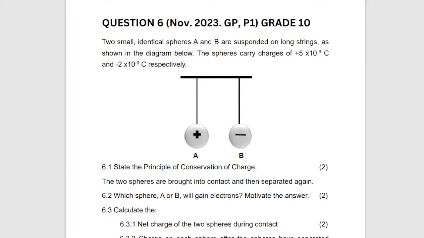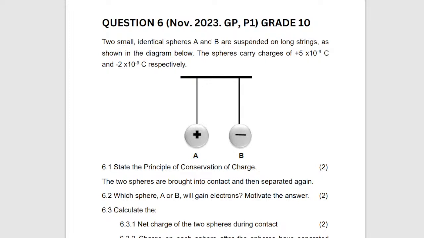The question was done in 2023 in Gauteng. It says: two small identical spheres A and B are suspended on long strings as shown in the diagram below. The spheres carry charges of positive 5 times 10 to the minus 9 coulomb and negative 2 times 10 to the minus 9 coulomb respectively. And then you have the picture there.